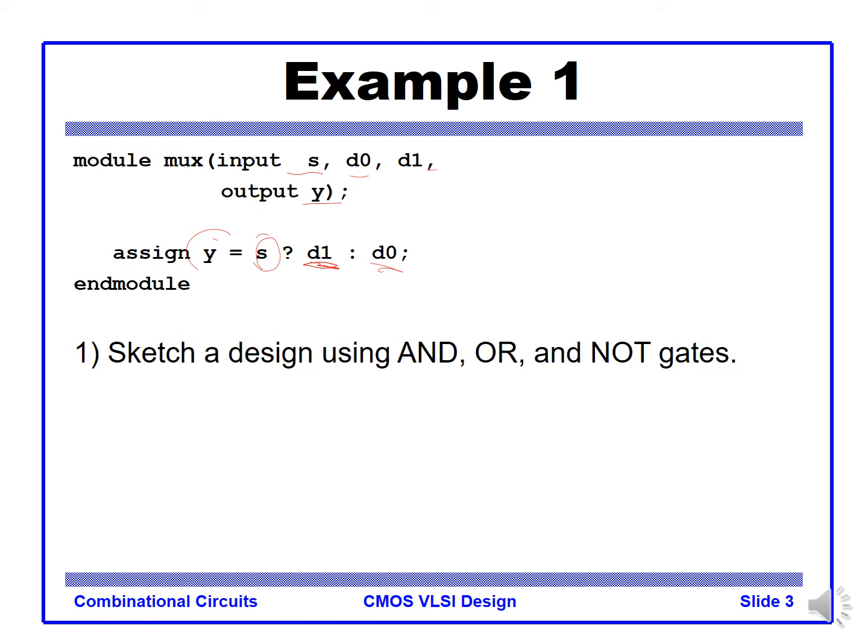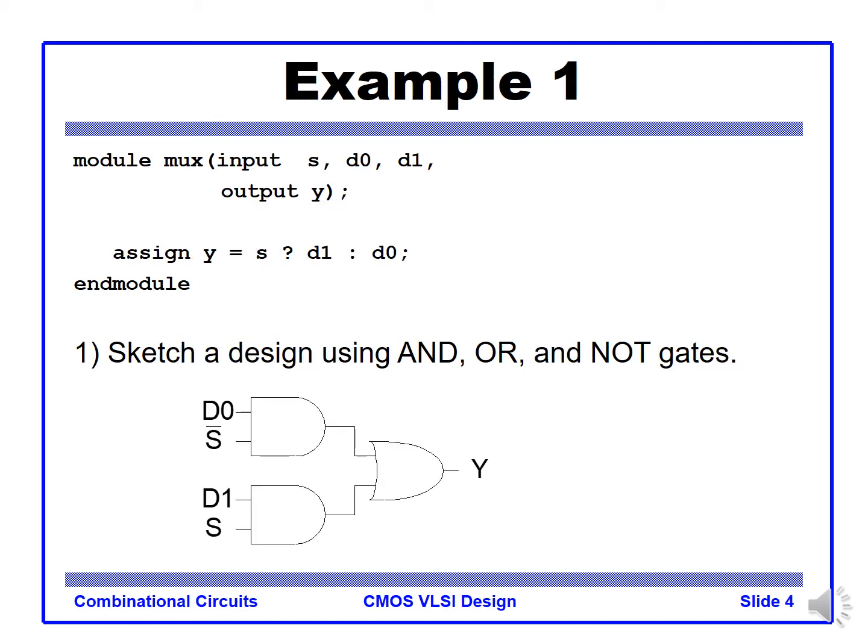We can simply sketch such a multiplexer design using AND or NOT gates. As shown here, 2 AND gates and 1 OR gate will do the job. For the actual circuit, we will implement that AND gate with a NAND gate plus inverter, right?